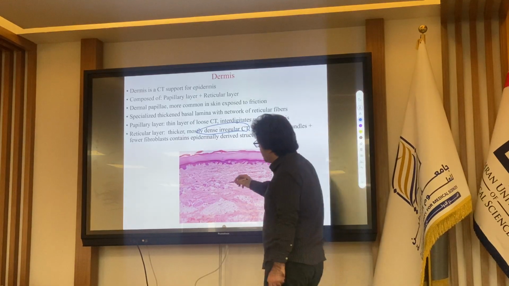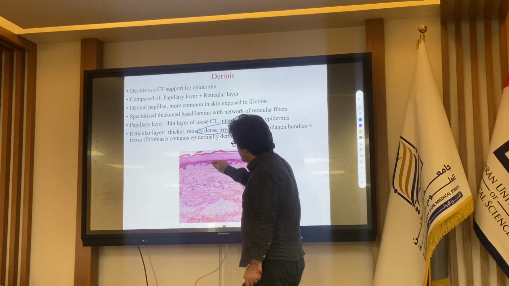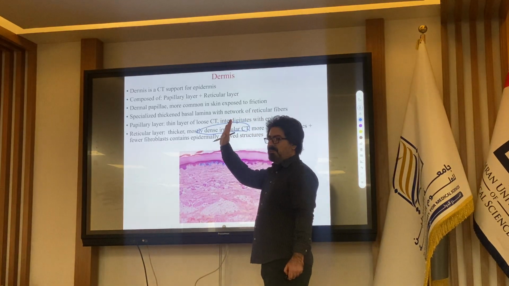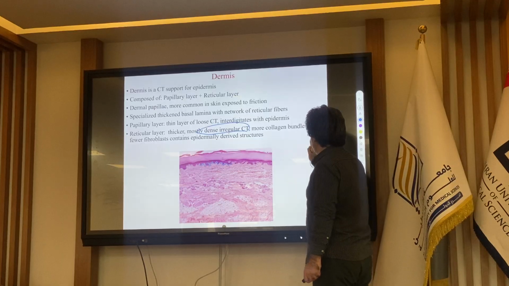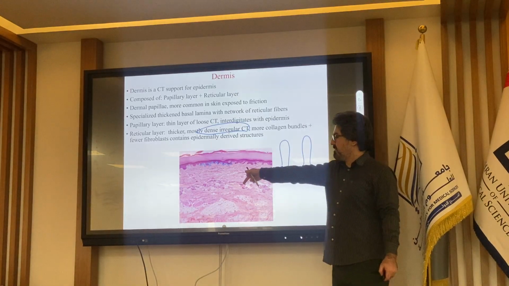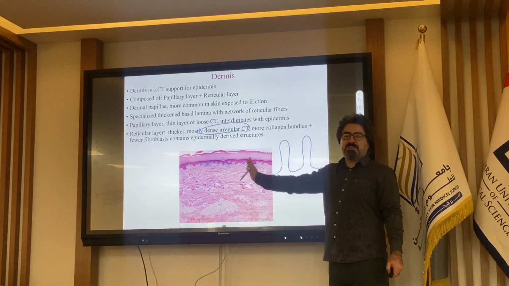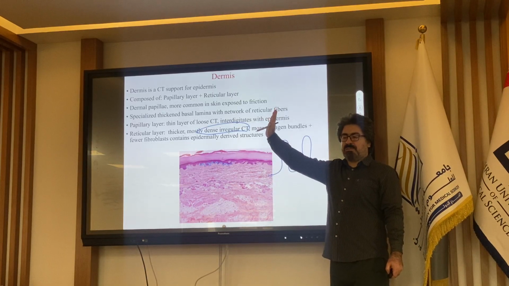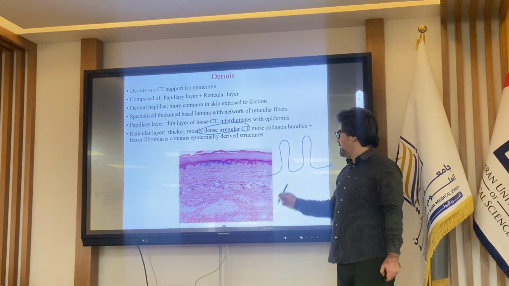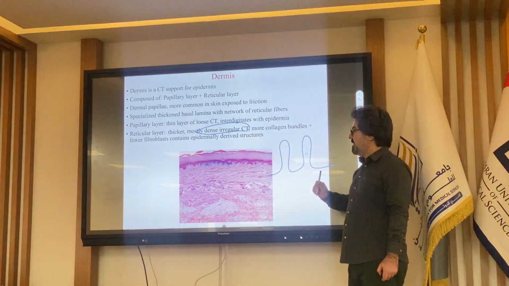And now look at these projections. There are some projections from dermis into epidermis. This is known as dermal papilla.